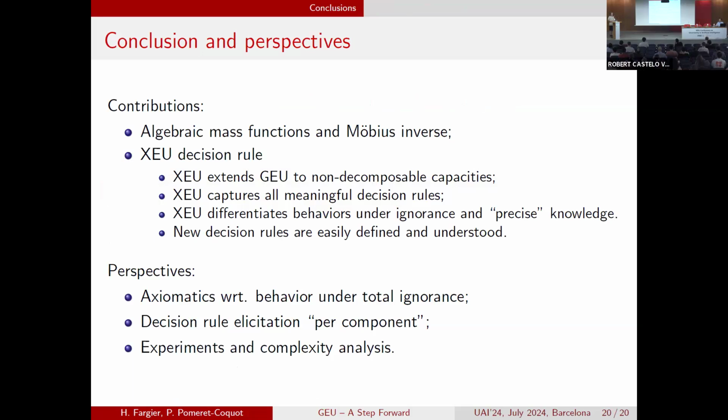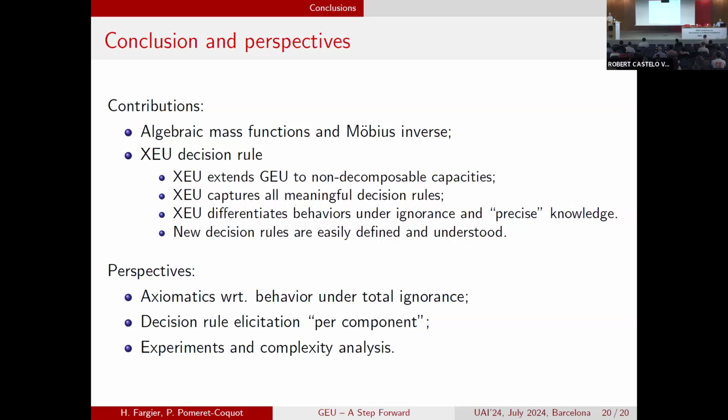In particular, I emphasize the fact that the XEU differentiates with those operators the behavior under total ignorance, even partial, and the behavior under precise knowledge, and that it makes it easy to understand what kind of behavior a decision rule encodes, and it also makes it easy to define new decision rules.